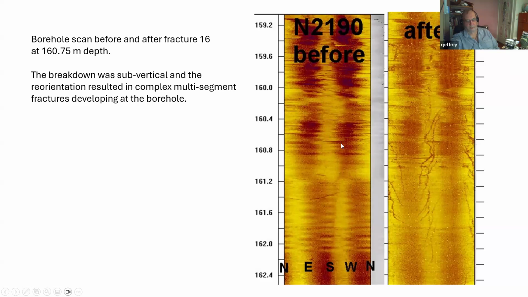And you can see here a comparison between the before and after fracturing case at 160 meters. And you can see the after image of the breakdown. The fracture here has multiple strands and is oriented subvertical, striking at approximately north-south, which agreed with the overcore measurement for sigma 1 direction, but has produced a complex fracture shape at the borehole wall.